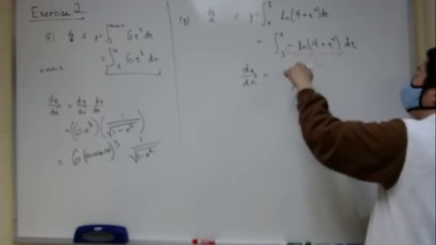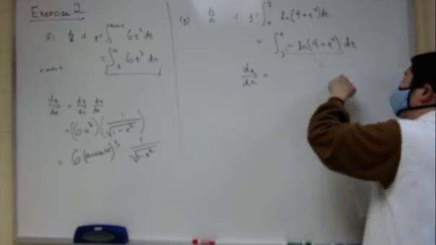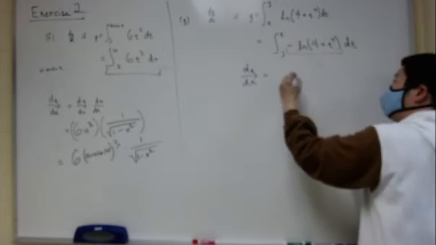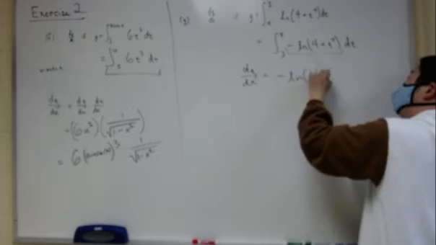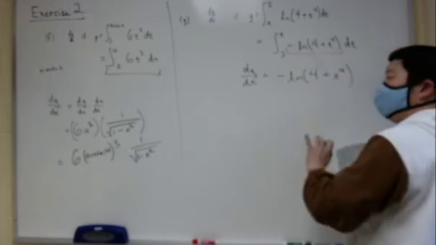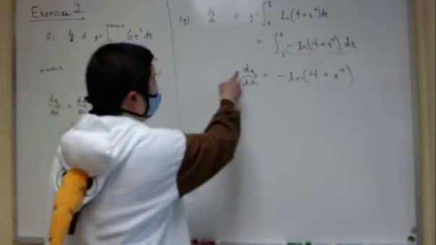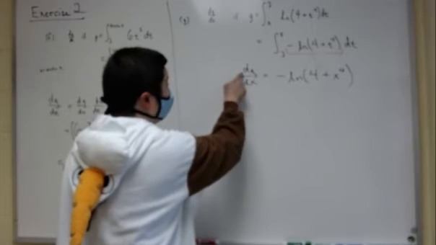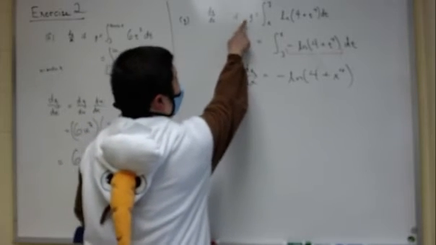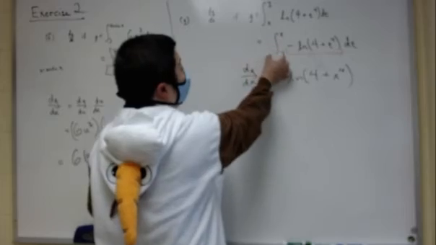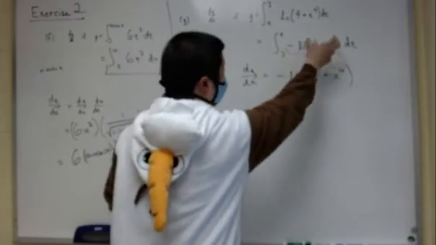So what's underlined here, we're going to write it here, just replace every t we see with an x instead. Negative ln of 4 plus x to the 4th. So the derivative we were asked to compute, the derivative of g, cancels with the fact that the definition of g talked about an integral. So the derivative of the integral of a function is the function.